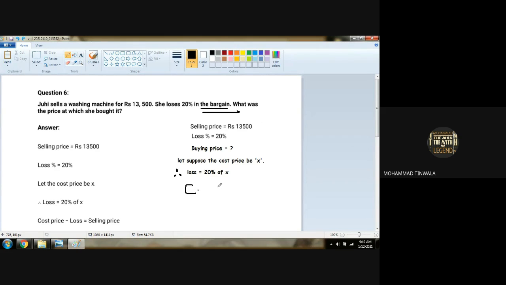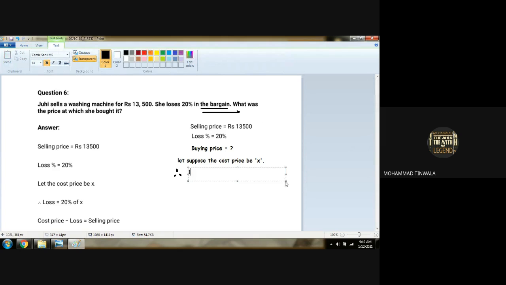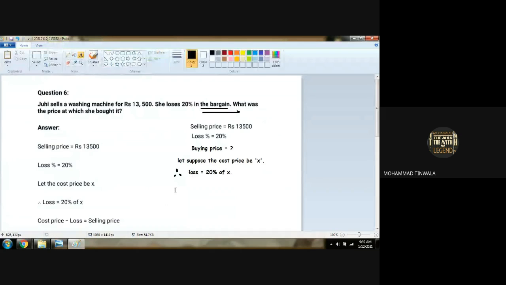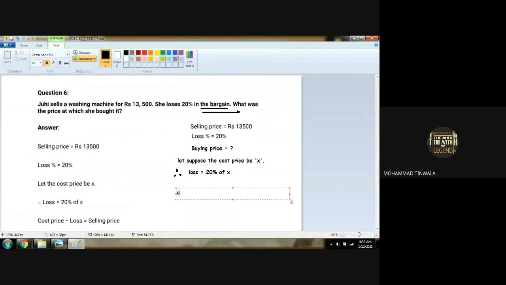I will write it that way. Cost price minus loss is equal to selling price.